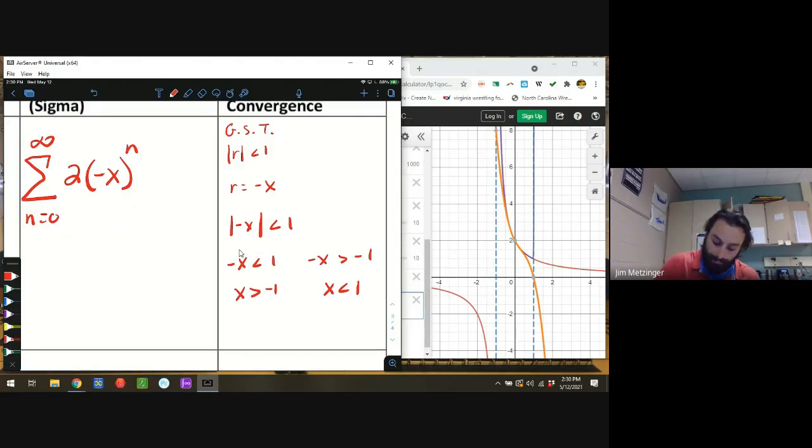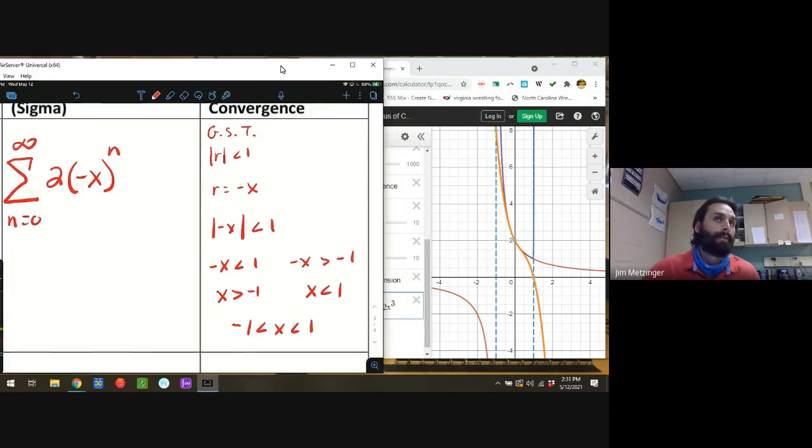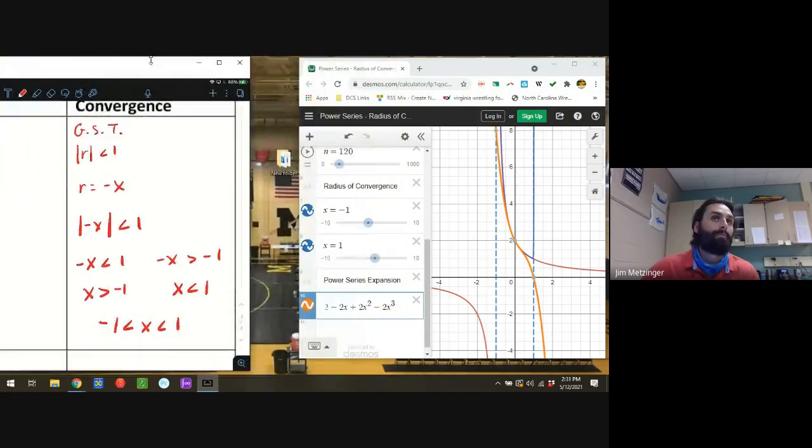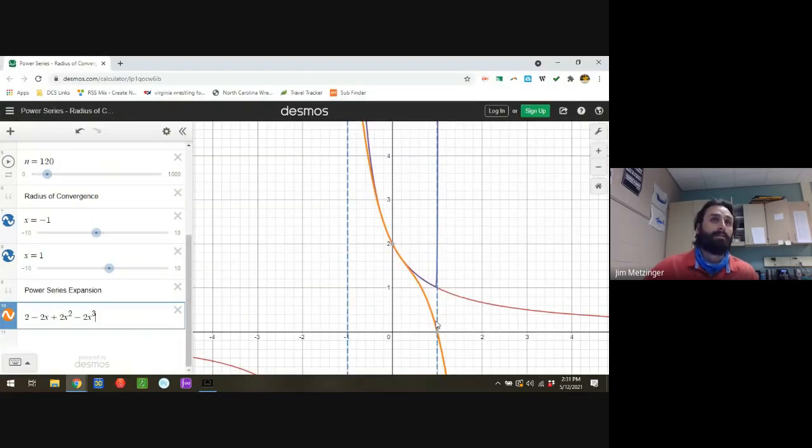That's going to go from -1 to +1. You can write it as an interval or write it as an inequality, I really don't care. So if we're looking in here, which is what I originally had, that's what these two lines are.